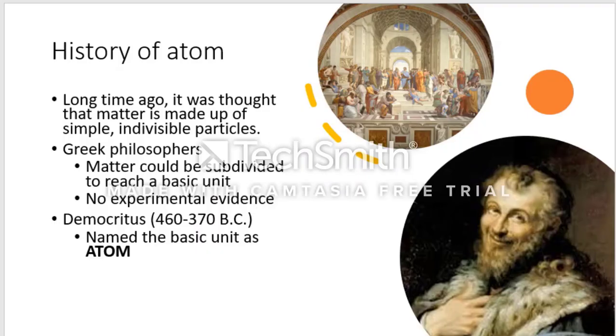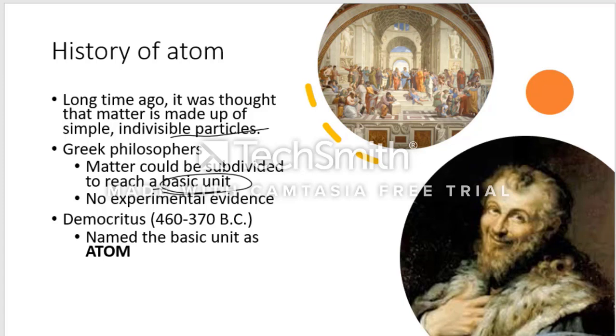Long time ago, it was thought that matter is made up of simple indivisible particles. Indivisible particles means particles which can never be further subdivided. Greek philosophers then came and thought that matter could be subdivided into smaller and smaller units to reach a basic unit which can never be further subdivided.